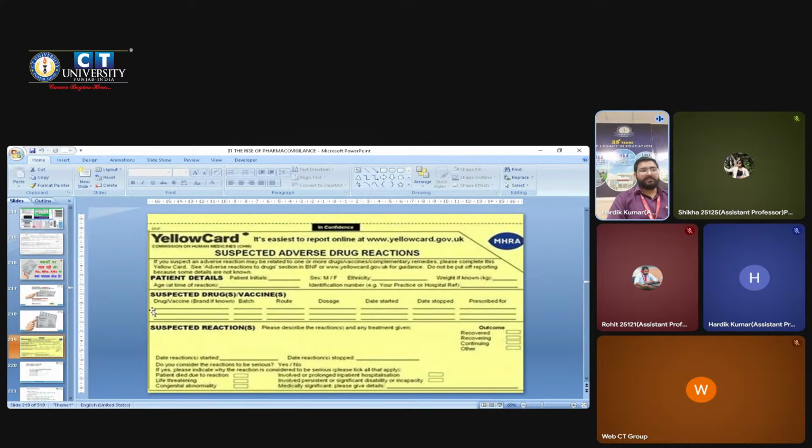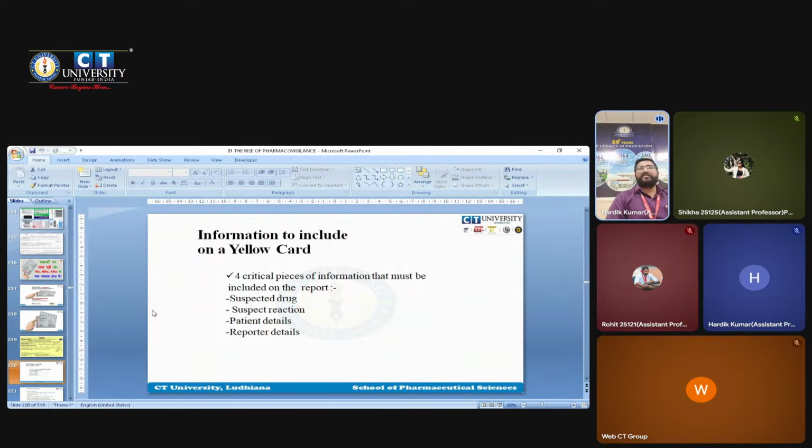This is a yellow card description. That is the patient details and suspected adverse drug reactions. The information included in the yellow card must be the suspected drug, suspected reaction, and patient details. In patient details, we always use the patient name or initials, age, weight, gender, height, or any test conducted for the reaction.